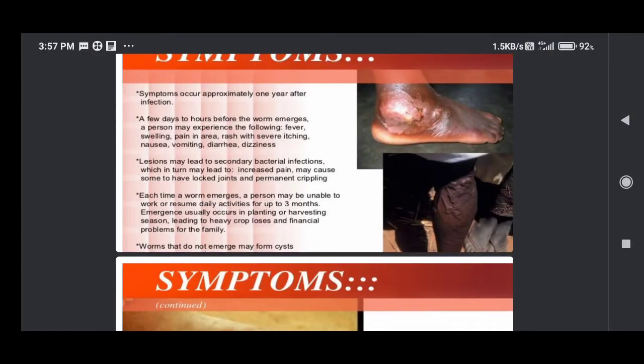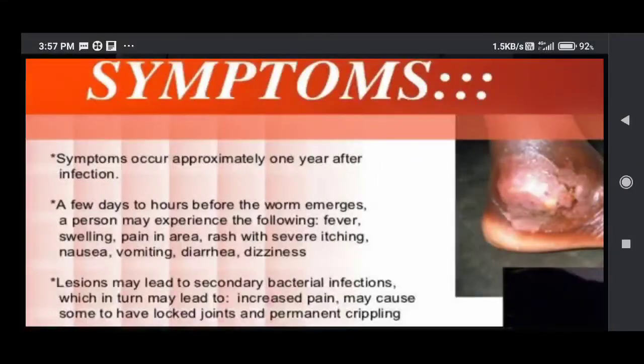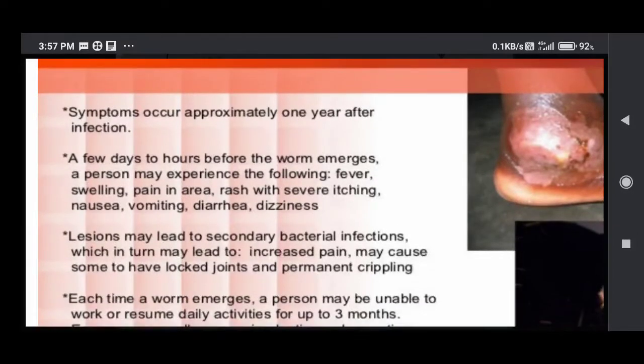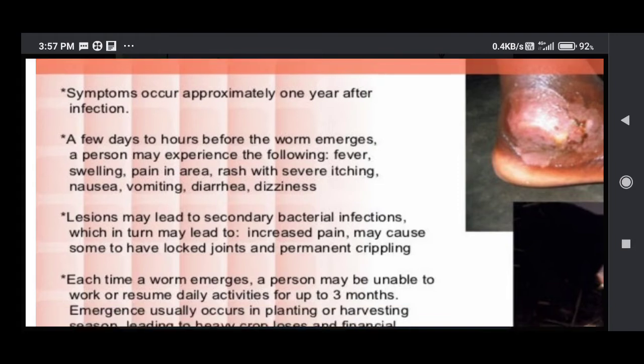So, some symptoms. Generally, whenever the parasite is present in the human being, some symptoms can identify it. Symptoms occur approximately 1 year after infection. Whenever the parasites enter into the human being, the symptoms appear after 1 year.